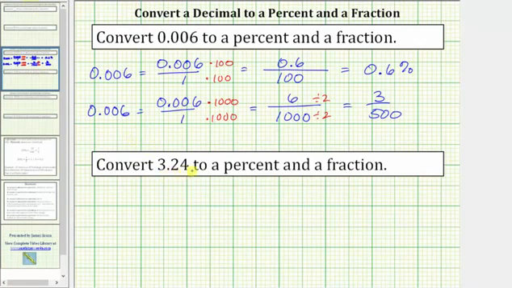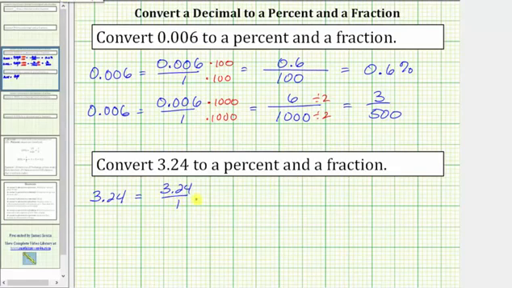Let's first convert 3.24 to a percent. 3.24 as a fraction is equal to 3.24 over 1. If we can write this fraction with the denominator of 100, we will know the percentage.